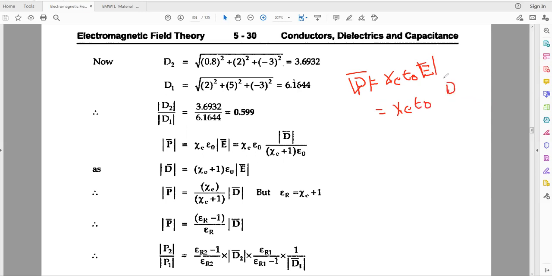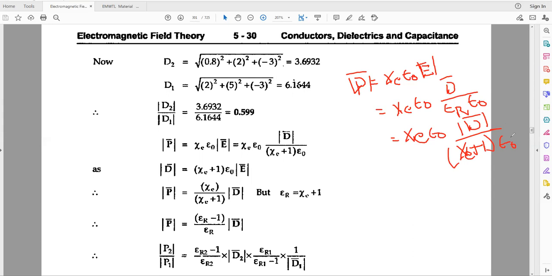XC is nothing but epsilon R minus 1. The polarization you can take as a magnitude, equal to XC into epsilon naught, with E bar in terms of D bar being D bar by epsilon R into epsilon naught. What is epsilon R in terms of XC here? It is XC plus 1. This formula we already saw.